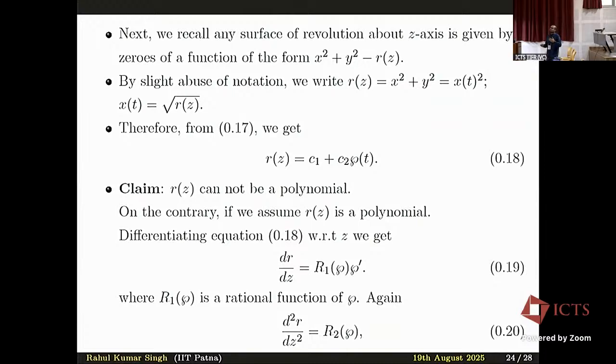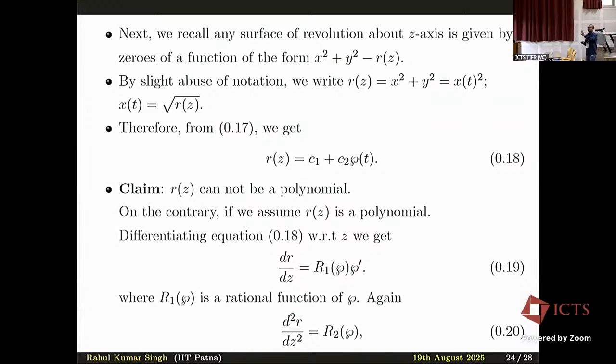What happens? If r of z is a polynomial, then we can differentiate this r of z. From here you can see r of z is this. Also, implicitly, we can see that t will be a function of z in some sense. So we can take the derivative of this p with respect to z. Assuming this r of z is a polynomial for now, we want to arrive at a contradiction.